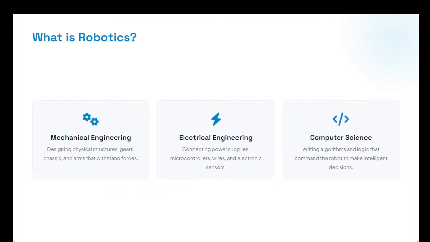Then, this is the brain of robotics: computer science, writing algorithms and logic that command the robot to make intelligent decisions. Each of these majors or studies has unique structures and unique ideas. All of these combine to create a single project, which is really fascinating.